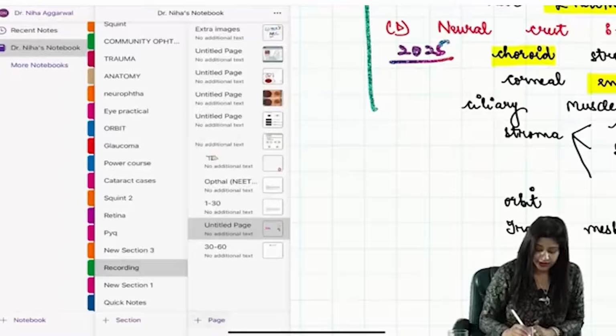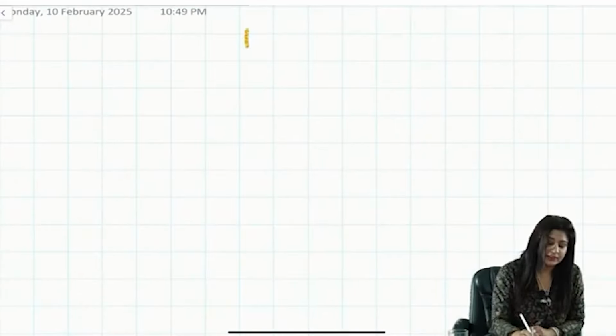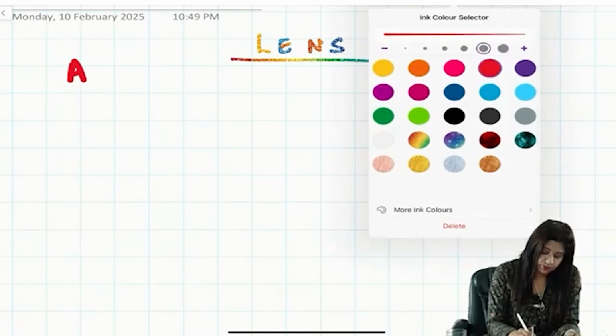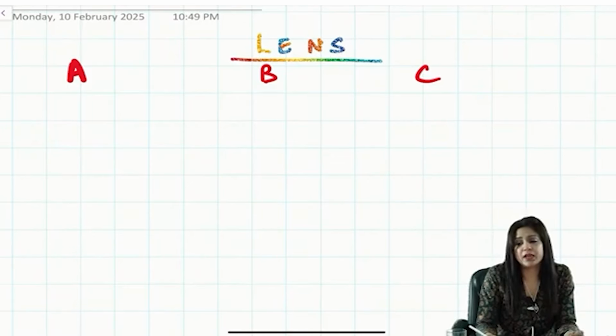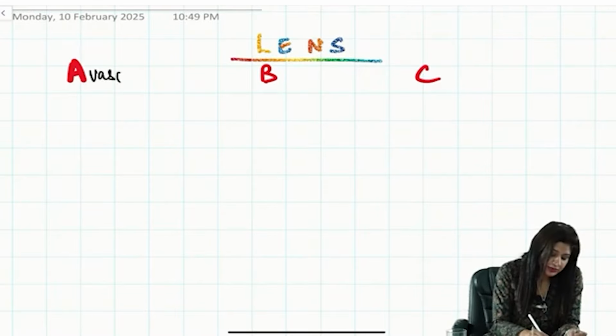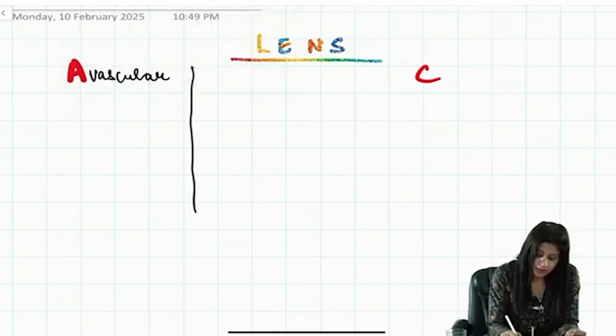Now leave one page and put the heading lens. Lens. First the A, then B and the C of the lens. A for avascular. Lens is avascular. Then B, B for biconvex.